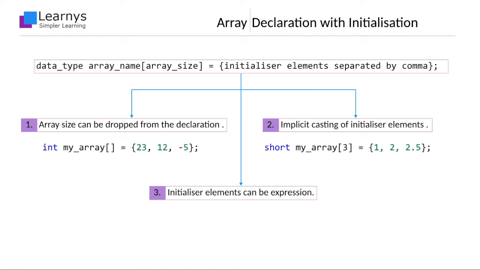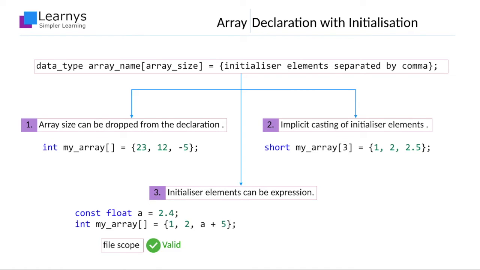The initializer elements can even be expressions. It should be noted that only constant expressions are allowed in file scope, whereas block scope allows any kind of expression. For example, this piece of code declares an integer array of size 3 and initializes its third element with a constant expression.